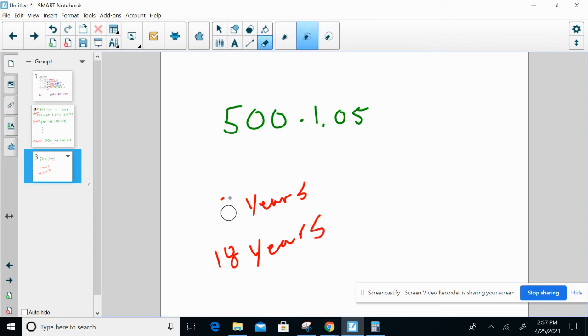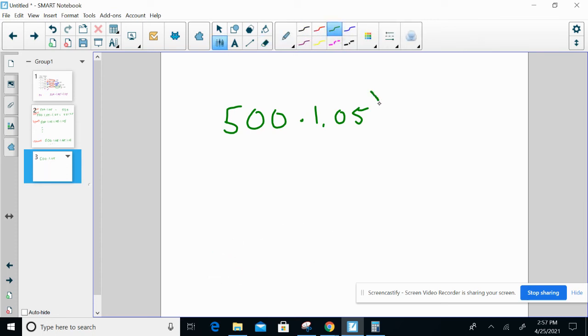So rather than write that out or type that out, here's the trick. Let me actually use a different color here. You're going to use an exponent, and you're going to put it on the 1.05. Think about it. That 500 is the same no matter what example we have, right? There's always going to be the original investment.